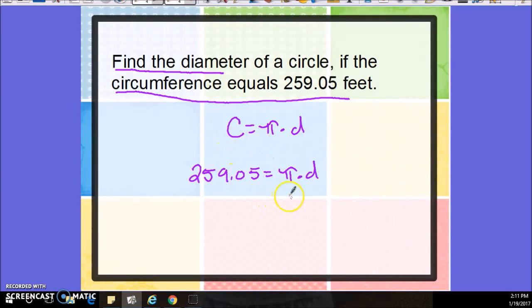To find the diameter, we have to get the d by itself. So we divide both sides by 3.14, or pi, and that gets rid of that. Then you have 259.05 divided by 3.14, and that gives you 82.5. And that is the diameter of this circle.